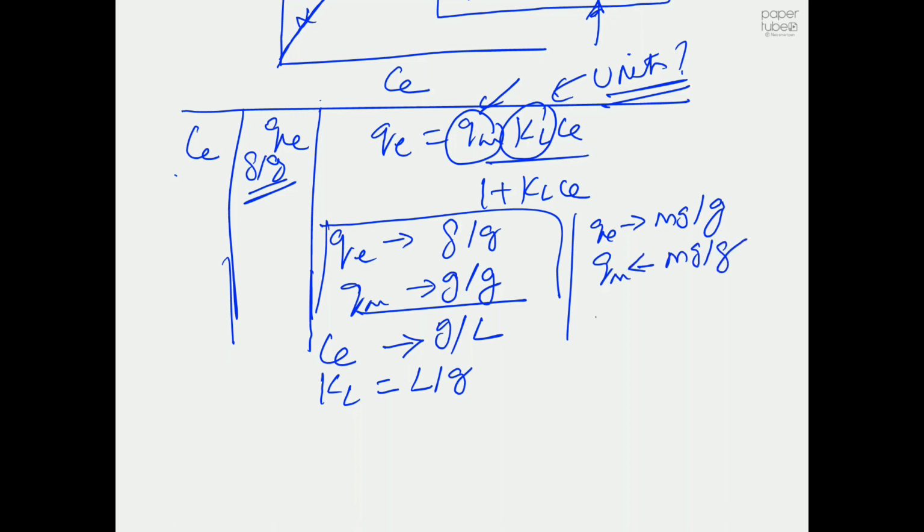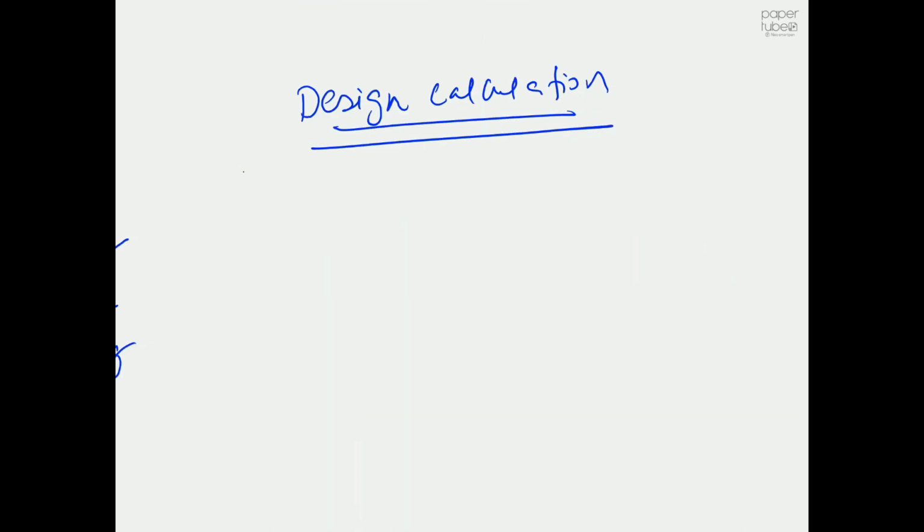And if you express QE in milligrams per gram, your QM unit will automatically be milligrams per gram. And if you express CE in milligrams per liter, automatically the unit for KL will become liters per milligram. So keep these things in your mind.